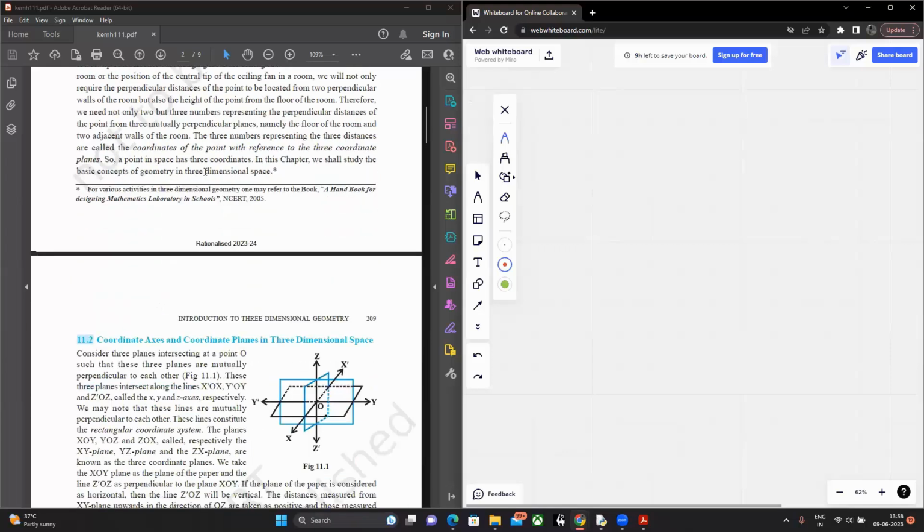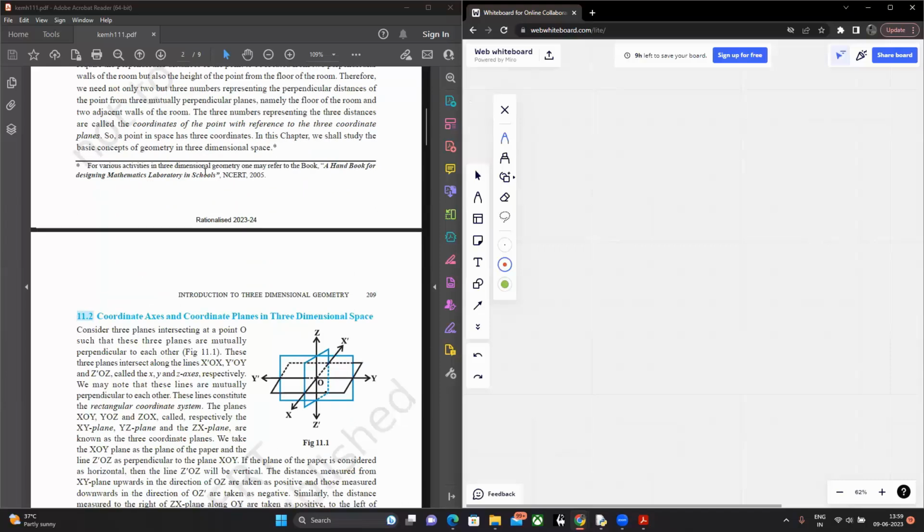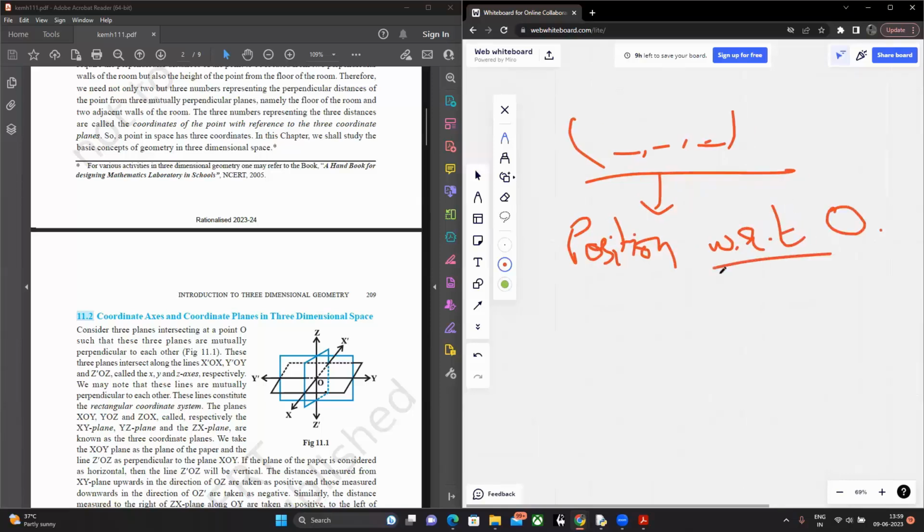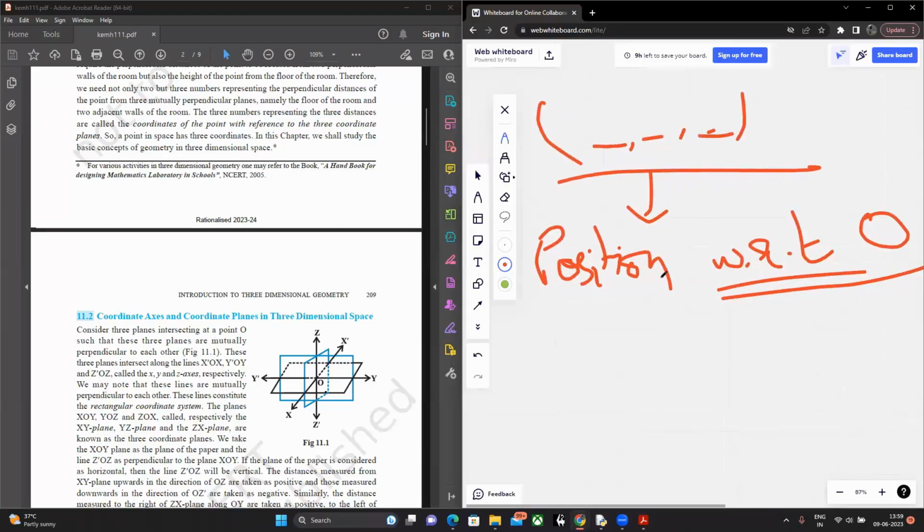For three-dimensional space, you're going to deal with a set of three terms, which together represent the position of a point in space with respect to an origin. You can't forget this, because without this origin, the point is meaningless, because this is going to be the distance from the origin along each of the three axes that you define.